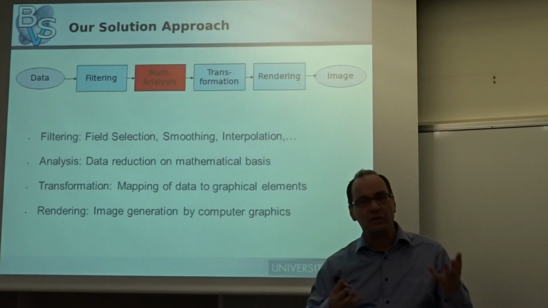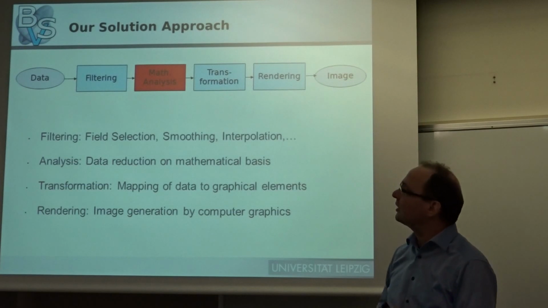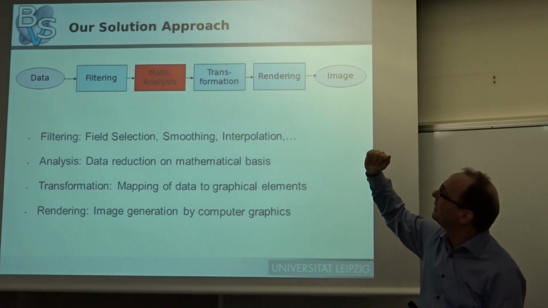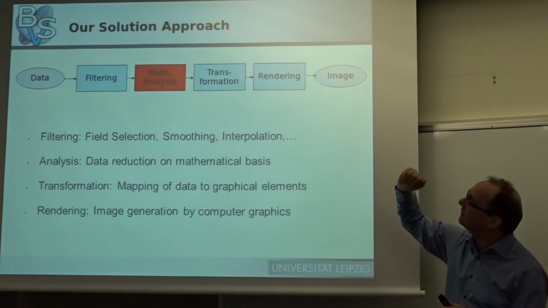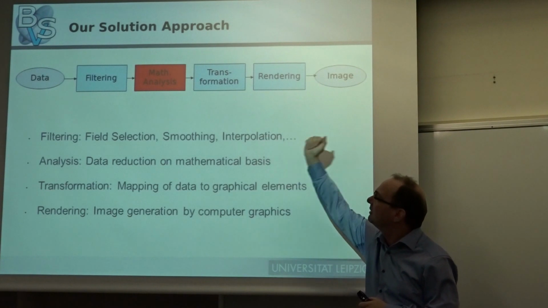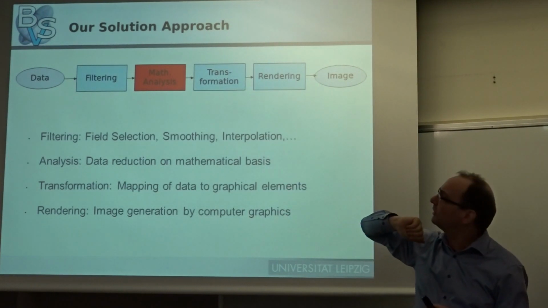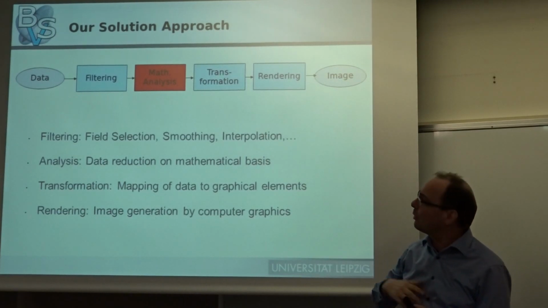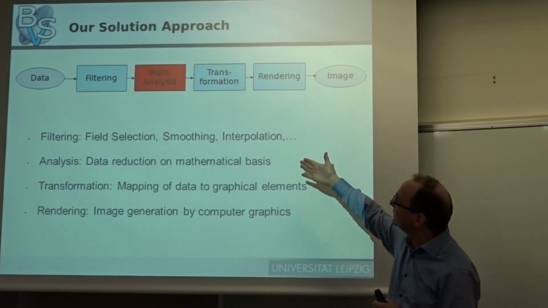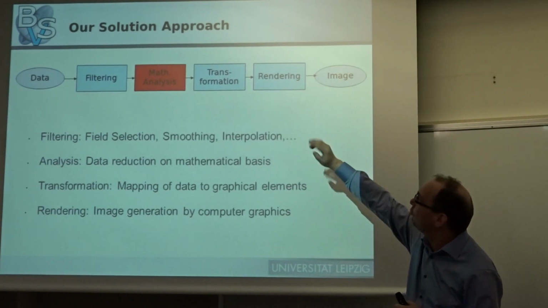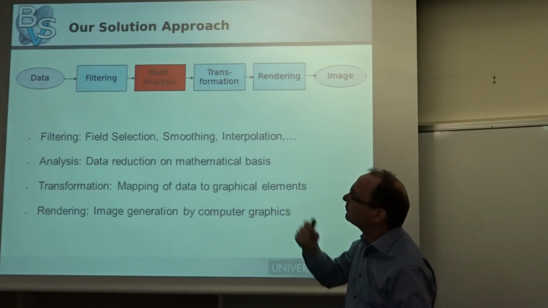And the scientific visualization community in this area comes up with a pipeline approach, basically. It starts with the data, does some filtering. That means selecting fields, smoothing, interpolation are typical operations. Then the specific area that interests me most, as I have a mathematical background, is where we try to do a data reduction on a mathematical basis before we do the central part of the visualization.